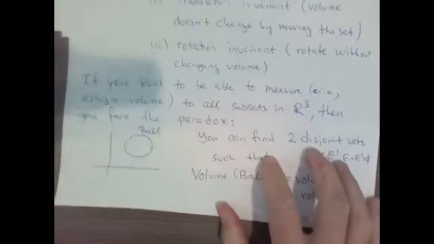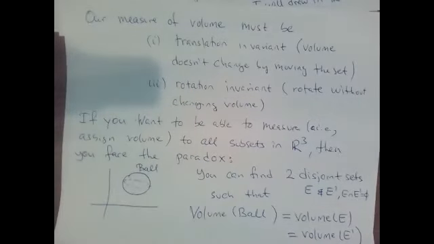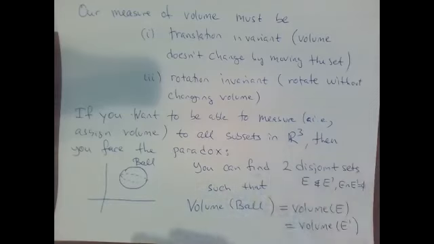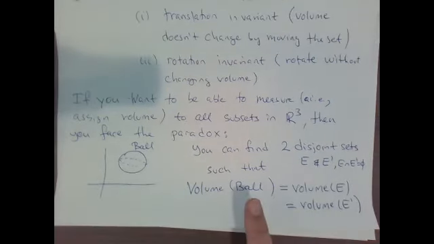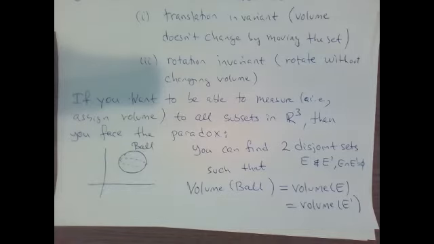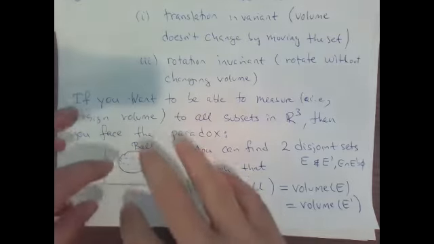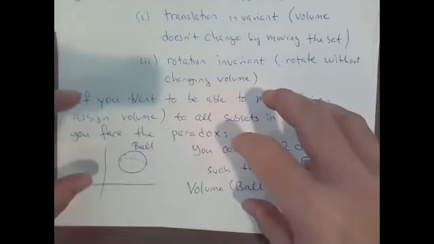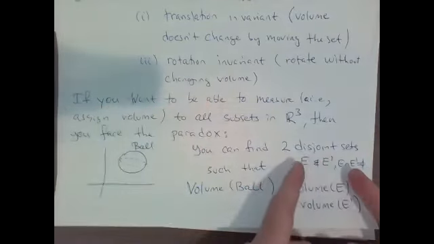So what this is saying is that if you want to be able to measure all sets, and you want this measure, in this case volume, to be such that when I move the set around, flip it, rotate it, translate it, I don't change the set's volume, I have to live with this property that I can take a ball, break the ball into pieces, take these pieces apart, and glue the pieces together as two disjoint sets.